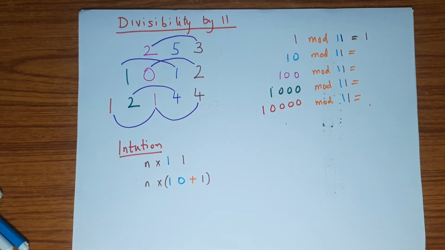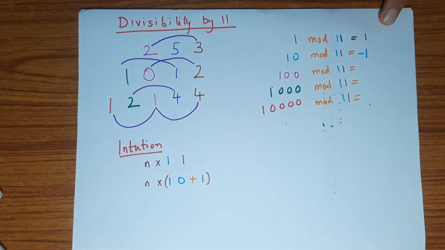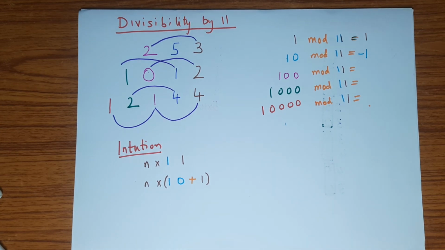Now when you take 10, of course again 10 is not divisible by 11, and you will have a remainder of 10. But another way to look at it is, if you look at the mod arithmetic, you would have needed 1 more in order to become a multiple of 11. So you can also think of it as minus 1. So every 10 that I divide, I needed 1 more. Every ones I divided, I had 1 more.